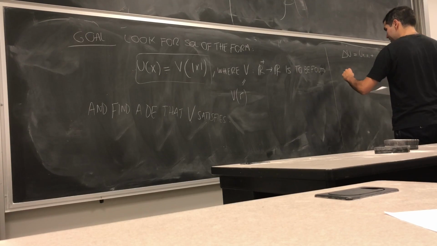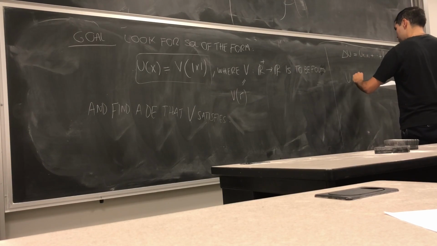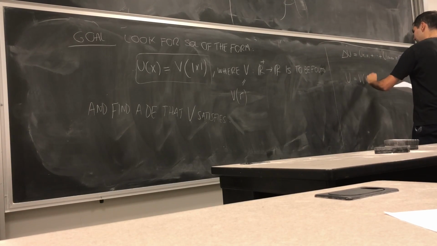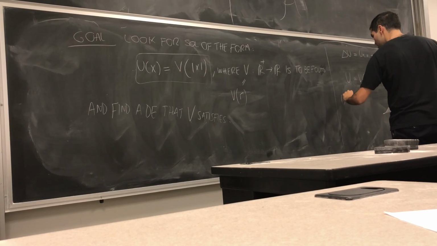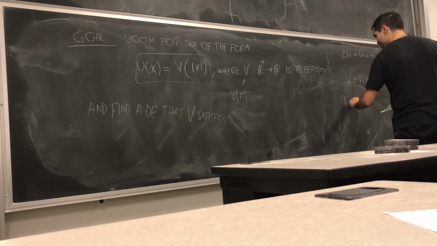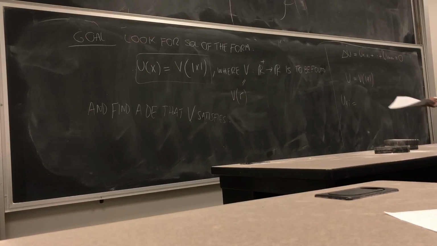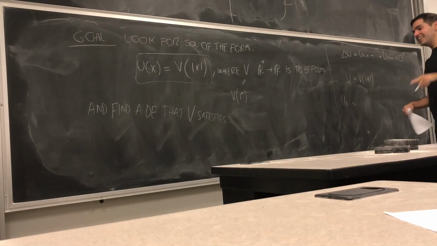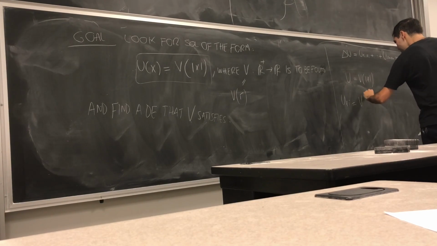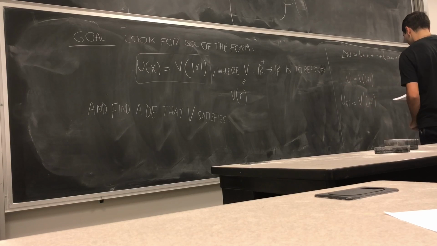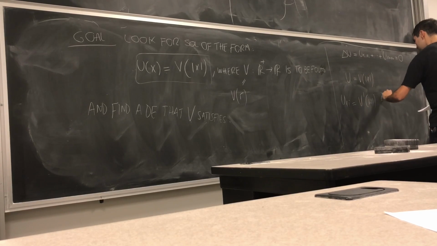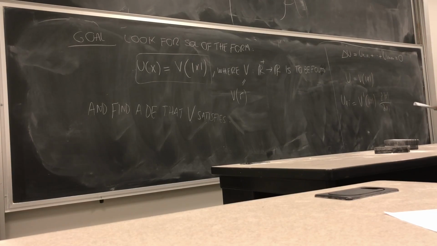So, again, u is v of absolute value of x. So u_xi for any i from 1 to n equals, by the chain rule, v prime of absolute value of x, times the ith derivative of absolute value of x.